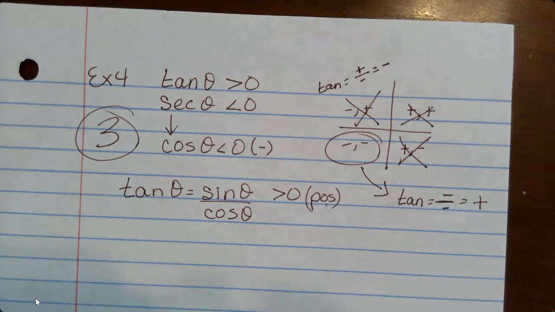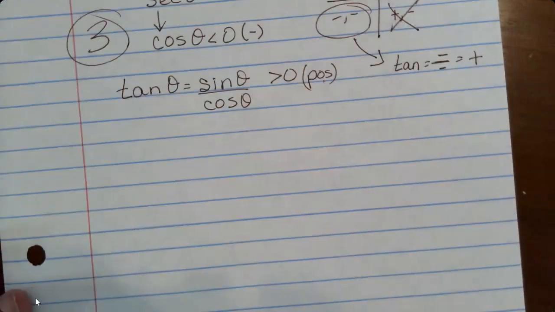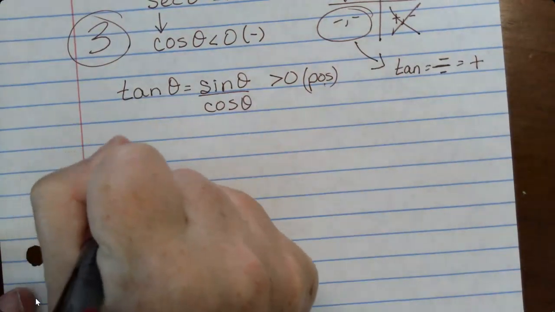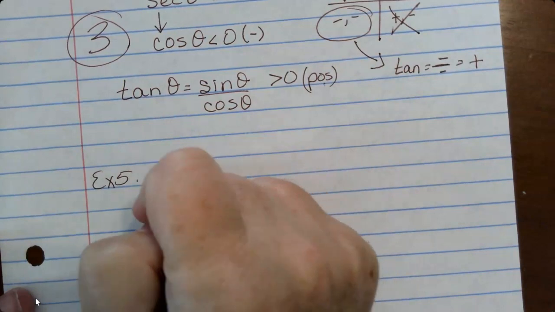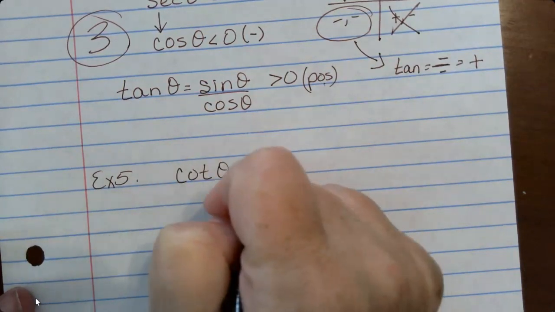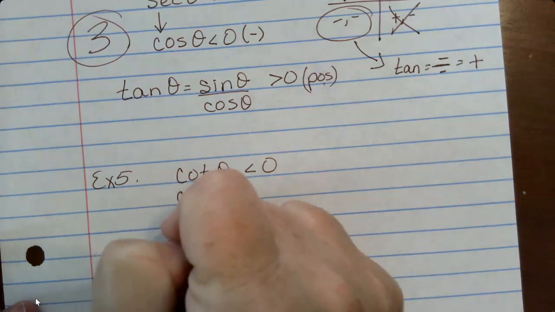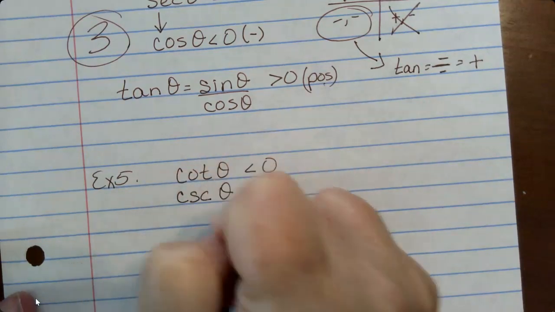Okay, let's do one more of these. So example 5. Let's go cotangent is this, and cosecant is this.